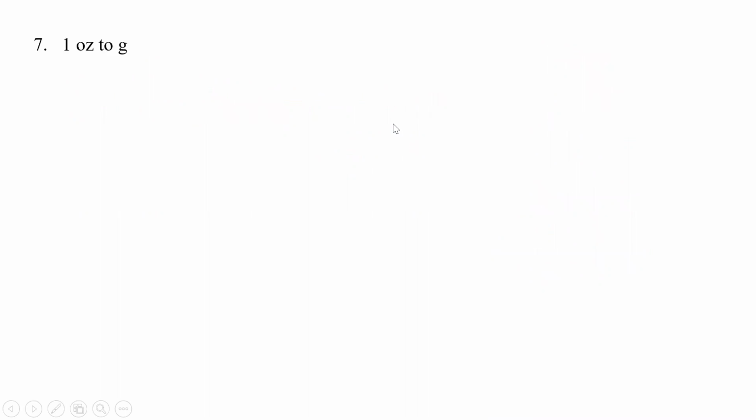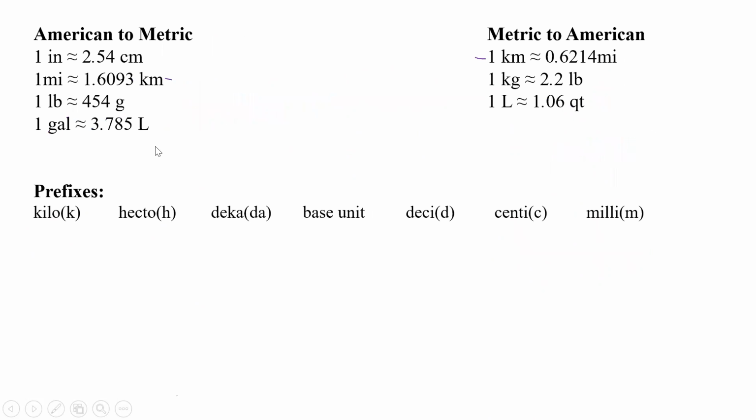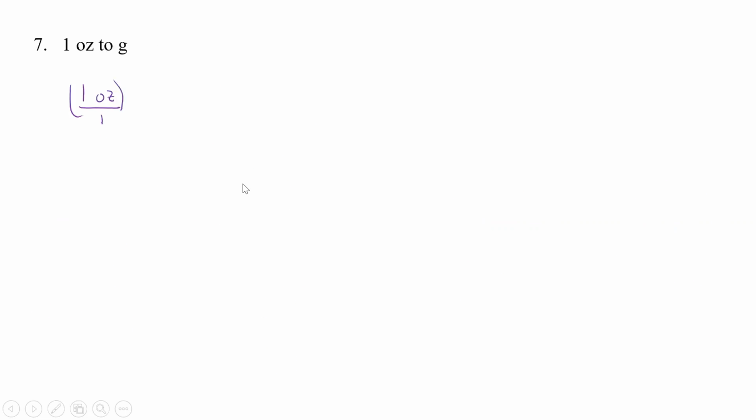1 ounce to grams. All right, so here we're starting with 1 ounce over 1. Now let's go back up and see what can we do to do that one. So ounces to grams. Well, if I get to pounds, I can get to grams pretty easy by this conversion. And so I can do my ounces to pounds, and pounds to grams is 454, and that's the easiest way I think I'm going to have on this case.